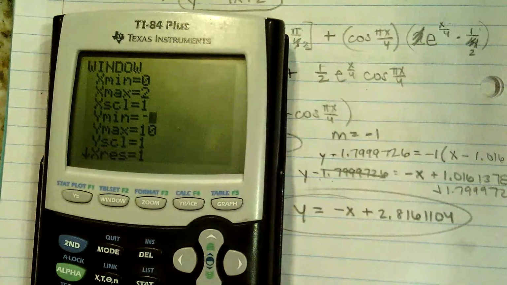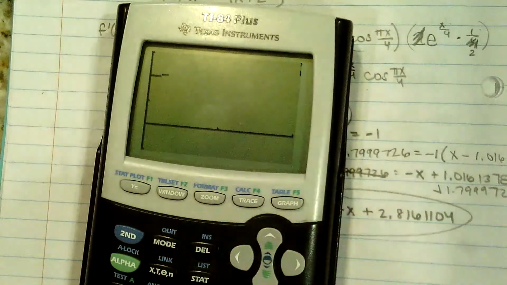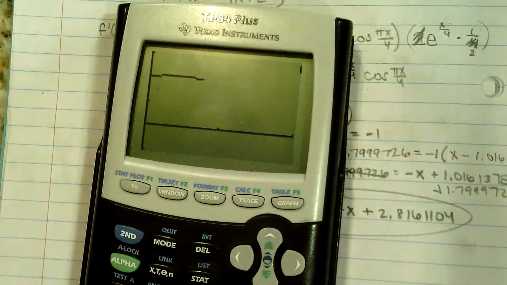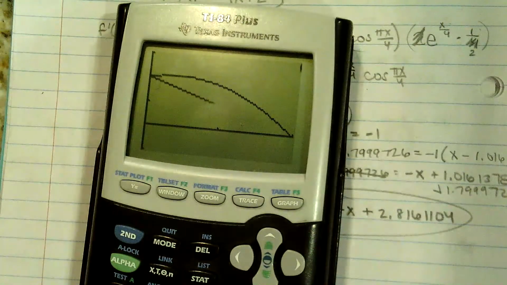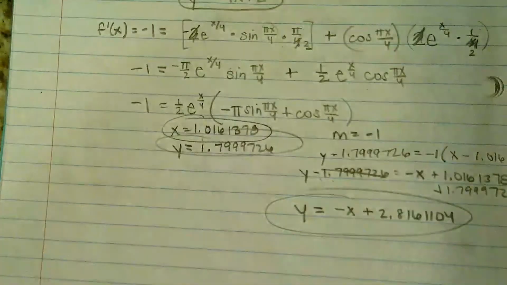And I'll go from -1 to 3, I think is what we did. So here's my original function that we already saw. Here is my average rate of change, and hopefully I find a parallel line that just nicks the curve. Perfect.